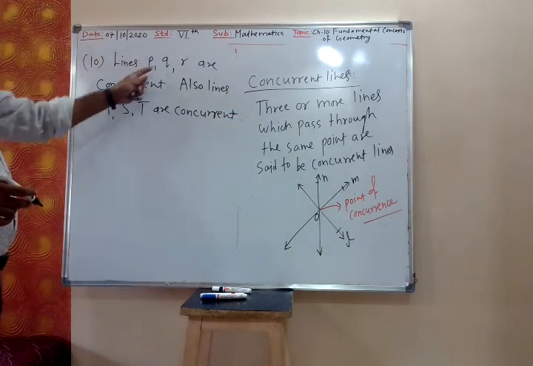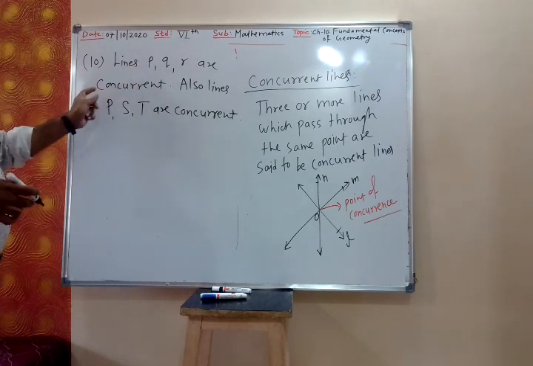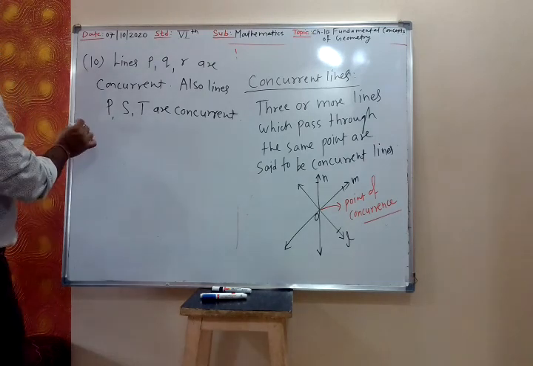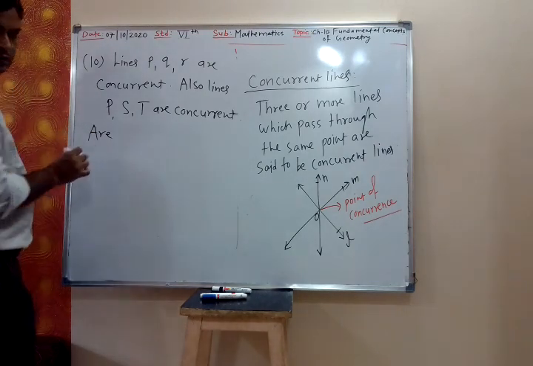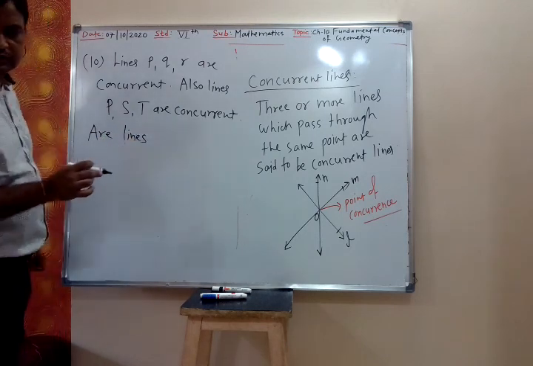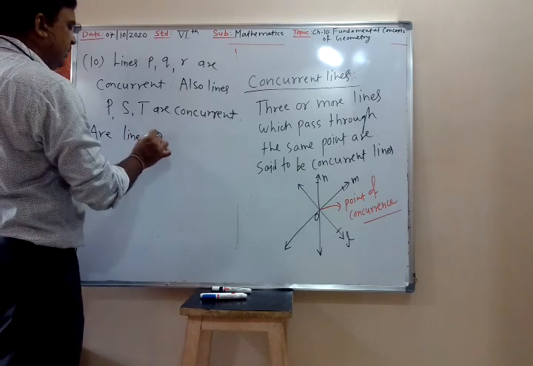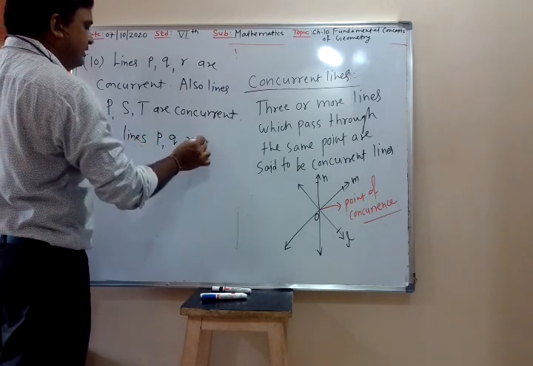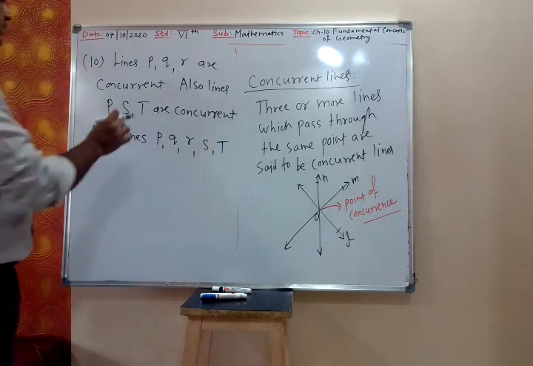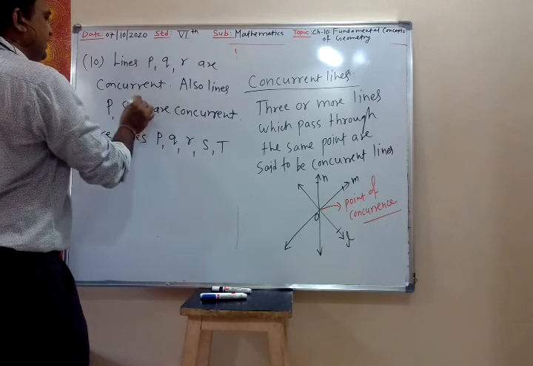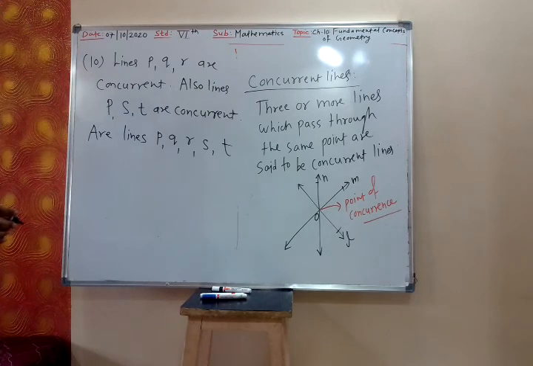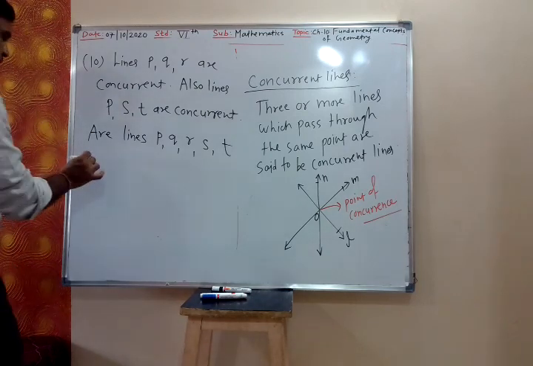The lines PQR are concurrent and the lines PST are concurrent. Are the lines PQRST always concurrent?